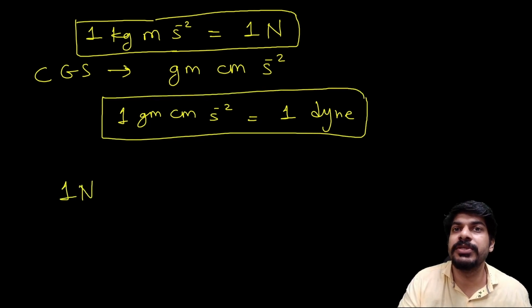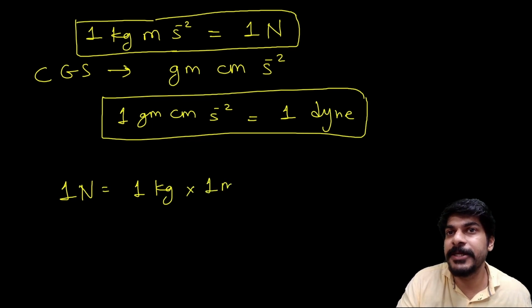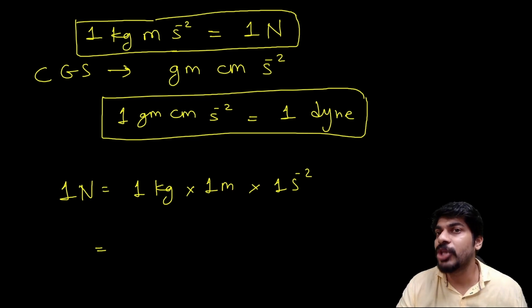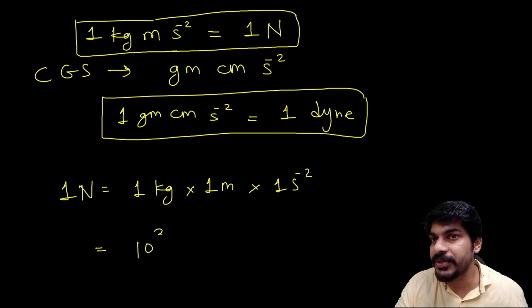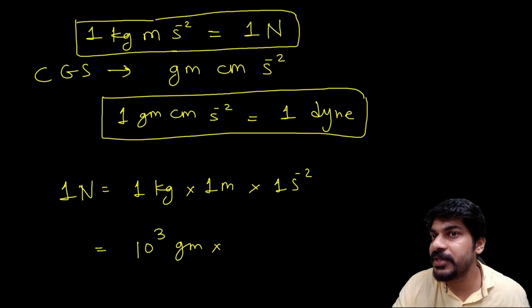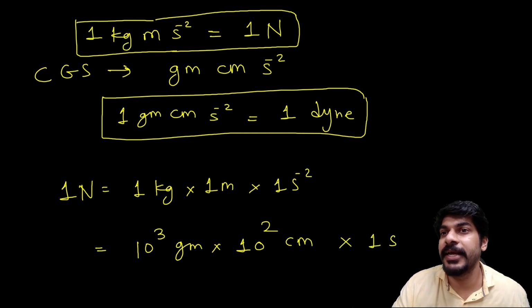So 1 Newton is equal to, as I said, 1 kg meter second inverse squared, right? Let's convert this to centimeter and gram. We know 1 kg is nothing but 1000 gram, and 1000 is 10 raised to 3 gram, into 1 meter, which is 100 centimeter, that means 10 raised to 2 centimeter, into 1 second inverse squared.